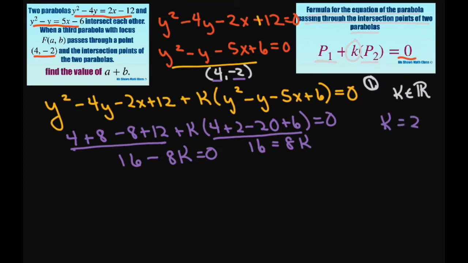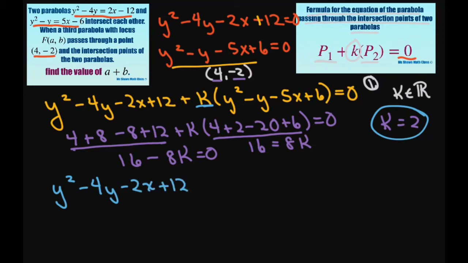Now let's substitute 2 back into equation 1 for k. That's going to give you y squared minus 4y minus 2x plus 12, plus 2 times y squared minus y minus 5x plus 6, equals 0.